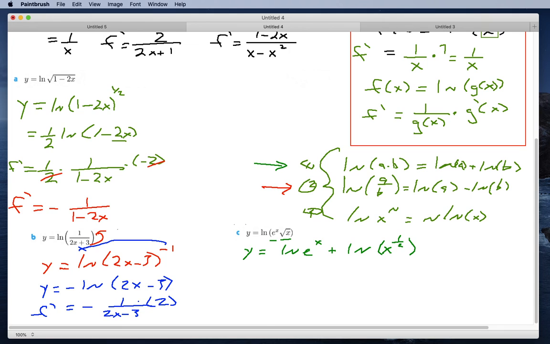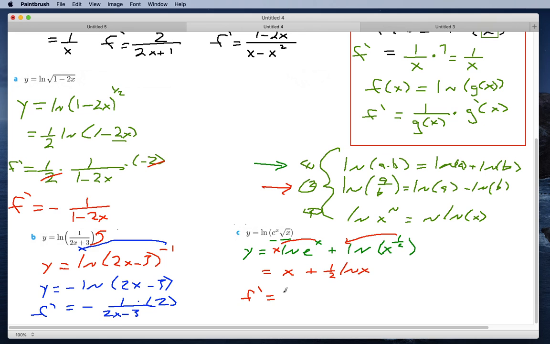And now actually you can see if I bring this x out in front, the ln of e is 1, so we have just x there. If I bring the 1/2 out in front there, I'm going to have 1/2 of ln of x. And now I can take my derivative and it's much easier to do.